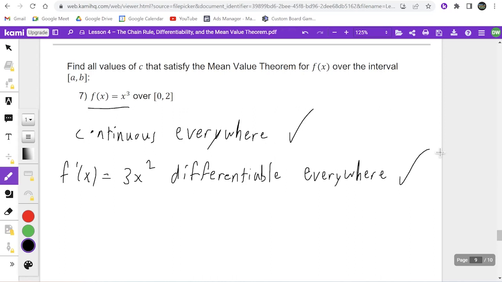Okay, moving on. So if you remember what the mean value theorem says, it's f prime of c. That means 3c squared. I just replaced my x's with c's. Really not a big deal. If you want to leave it as an x, I'm not going to stop you. I really don't care. But technically, it should be c. Equals f of b minus f of a. That means plugging in 0 and 2 into x cubed and seeing what those values are.